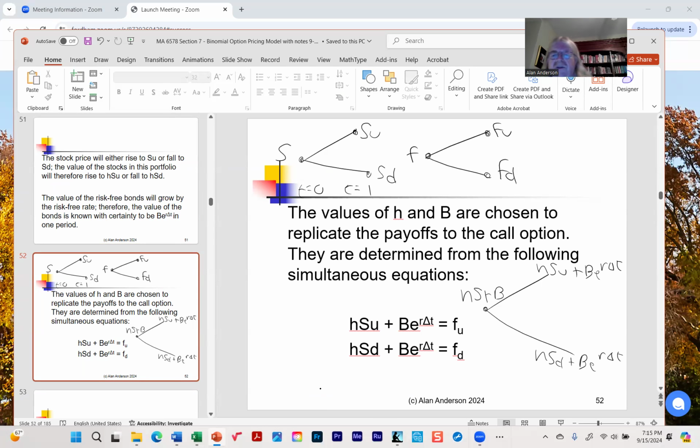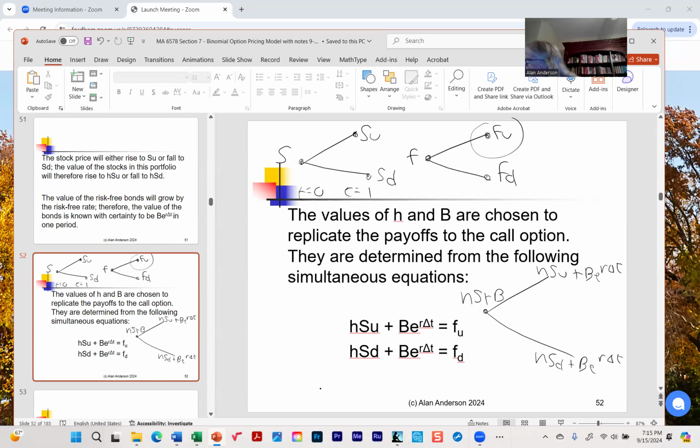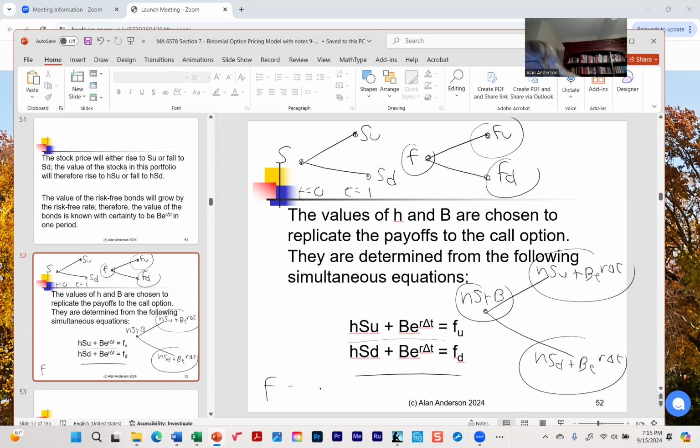That's what it says here. In other words, they're setting these equal to each other, because by assumption the cash flows have to be the same. And knowing that the future cash flows are equal means that the price of the option today must equal the value of this portfolio today.